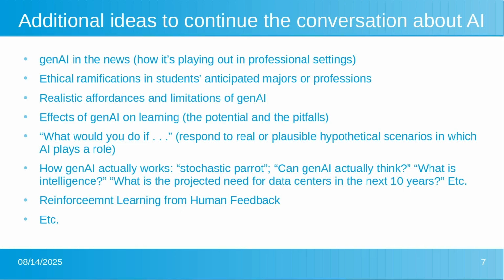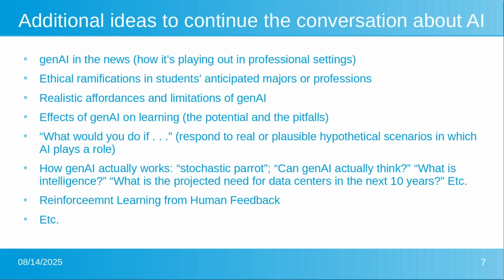Realistic affordances and limitations of genAI. What can it do for you? What can it not do for you? And then I might bring in something like the example that I brought to the podcast within the last few weeks about trying to get AI to use the rhetorical tool of presence. I could bring that in as an example, and we could experiment with that, and then talk about what the limitations might be, or the affordances.